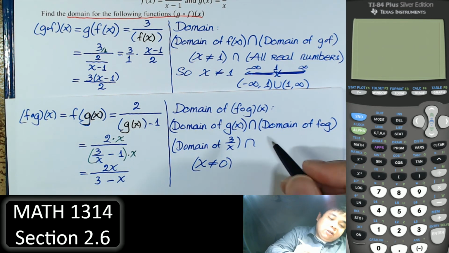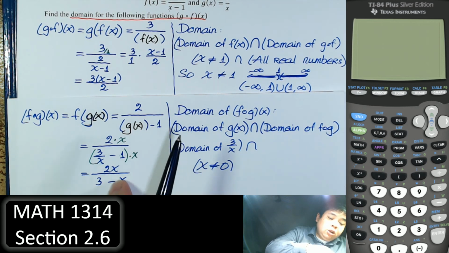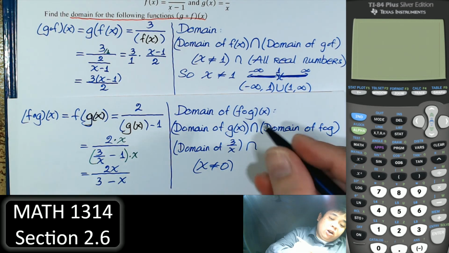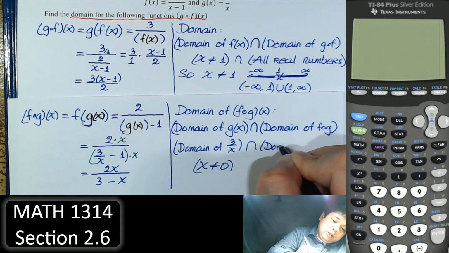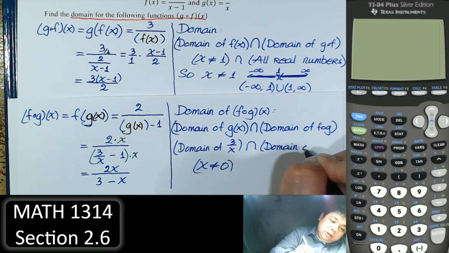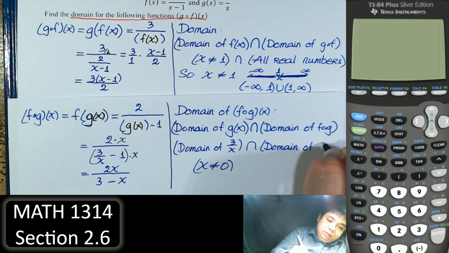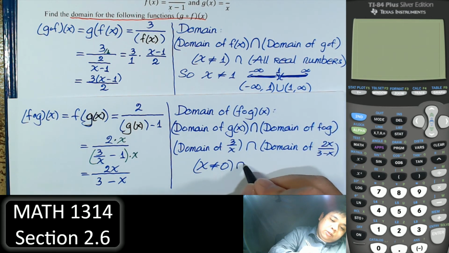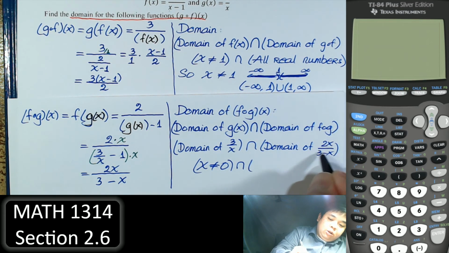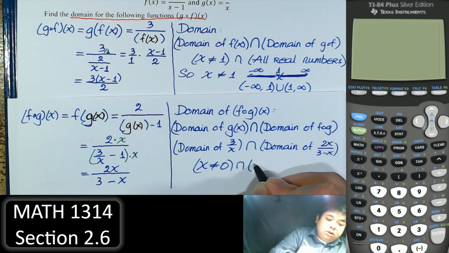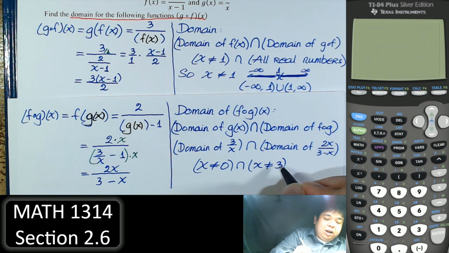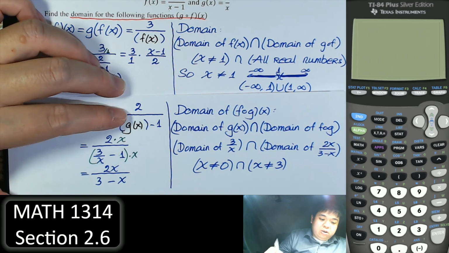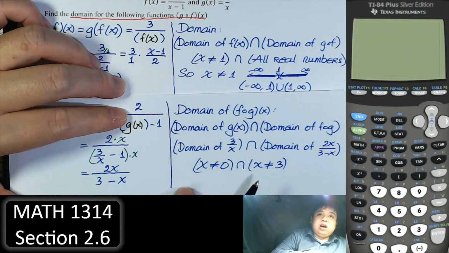And the domain of f of g, the denominator not equal to 0. So we have 3 minus x not equal to 0, so x not equal to 3. Plus x on both sides, so we have this.